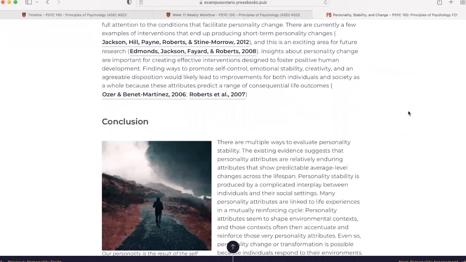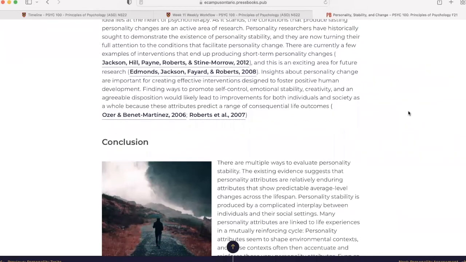Personality researchers have historically sought to demonstrate the existence of personality stability, and they are now turning their full attention to the conditions that facilitate personality change. There are currently a few examples of interventions that end up producing short-term personality changes, and this is an exciting area for future research.